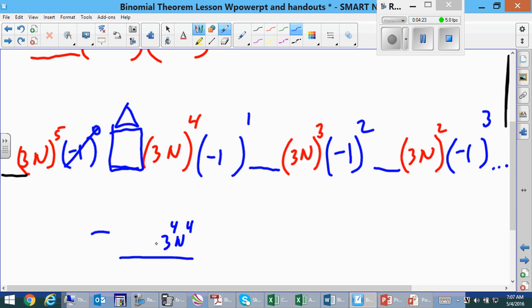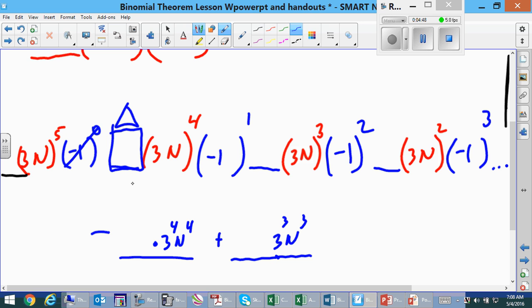That is going to still be multiplied by this in order to get the term. So we would do that on this next term. Squaring a -1 is going to give us a positive. That same idea, 3 to the 3rd, n to the 3rd, -1 times -1 is +1, so it doesn't really show up in the multiplication.